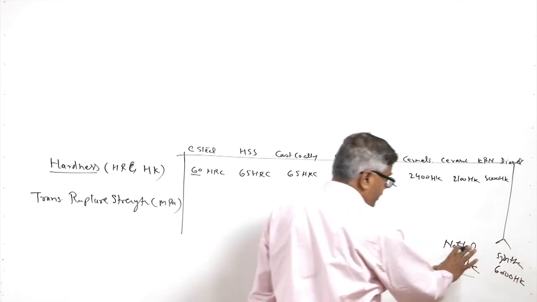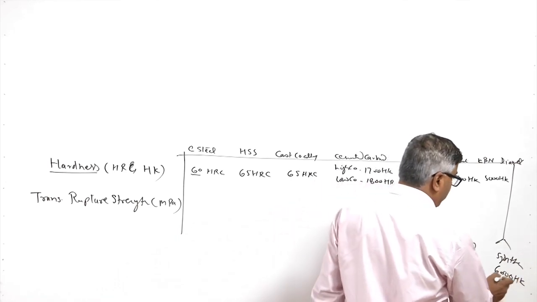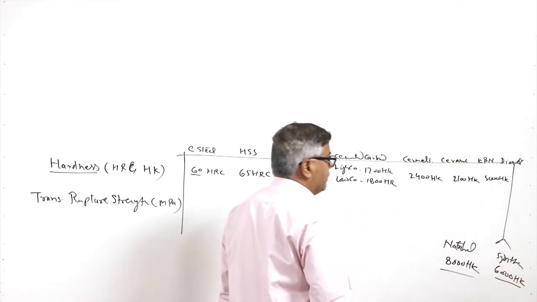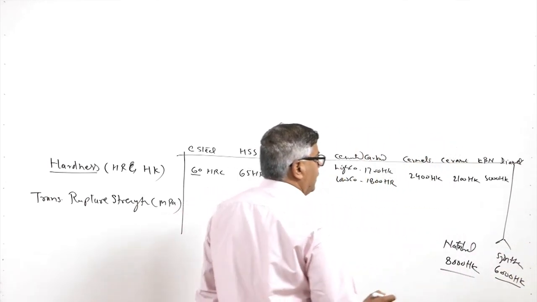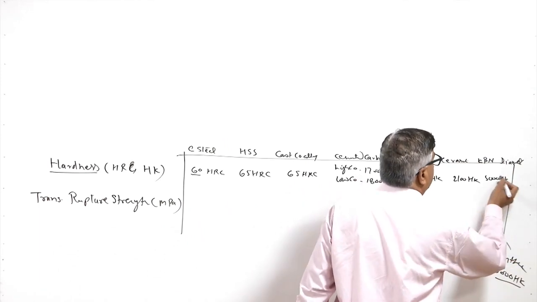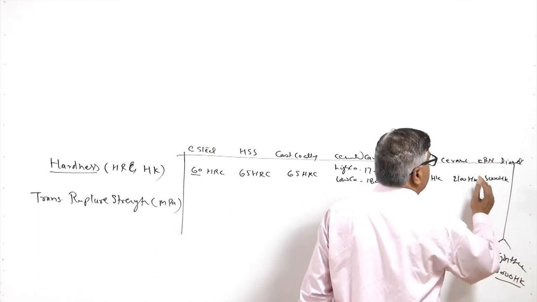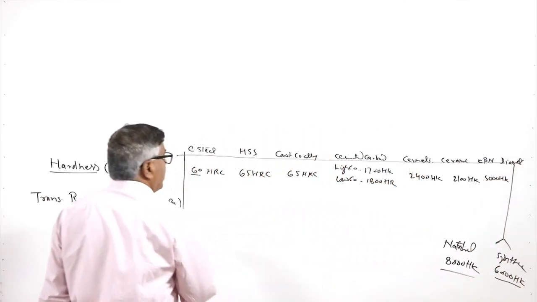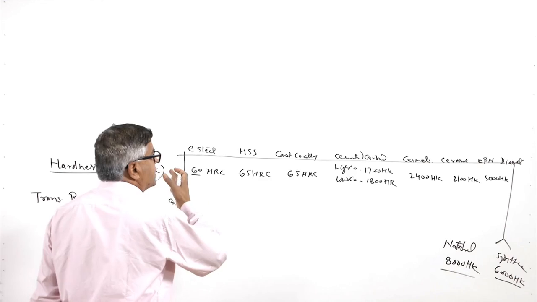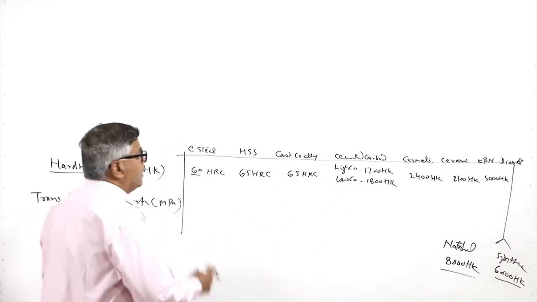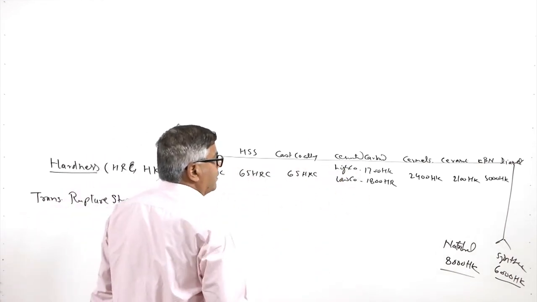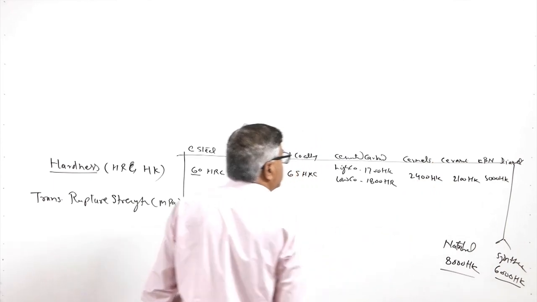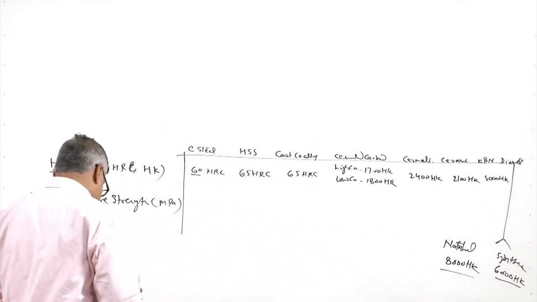So, the hardest material is the natural diamond, while somewhat lower hardness is for the synthetic diamond. The low hardness is the carbon steel, and these are in the increasing order of hardness: the ceramics, CBN and the cermets.